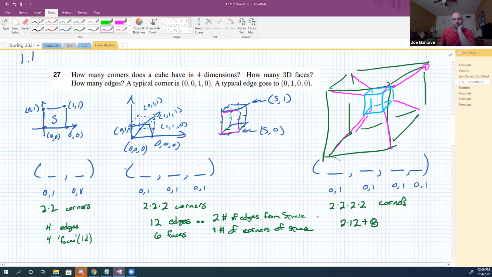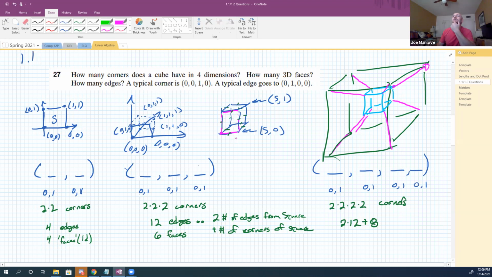You guys see that? So in this analogy, I could think about the number of faces. Each of them is bound by edges. The trouble that I'm having is that a 3-dimensional face is going to be bound by 2-dimensional sides.